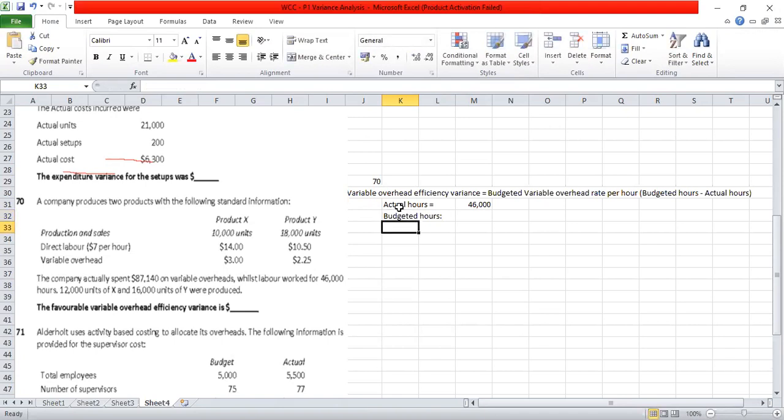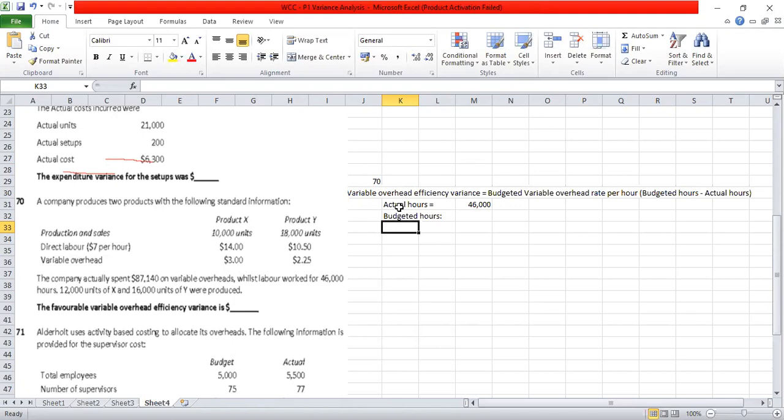For the calculation of budgeted hours, how do we know how many hours were spent? The details are given in the table under the budgeted, we have product X, product Y. The details are given per unit. The total number of units produced are 10,000 for X and 18,000 for Y.